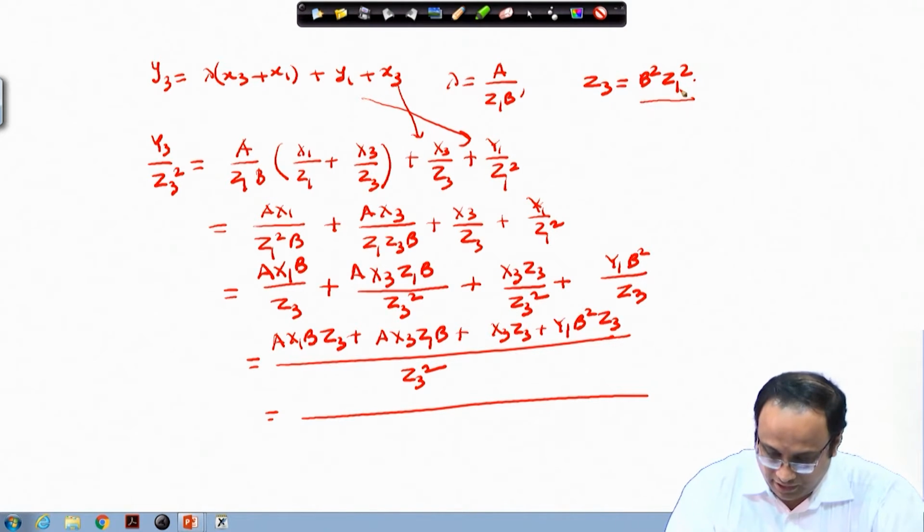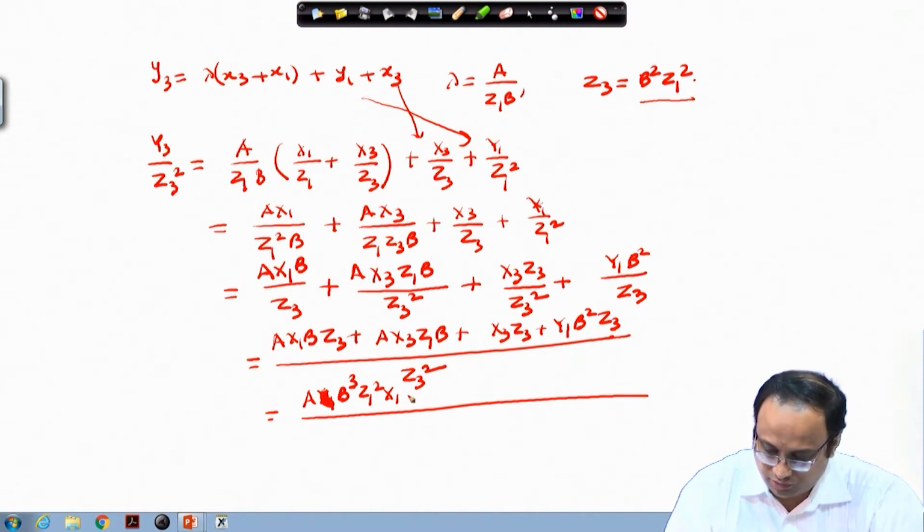So, if I plug that back, then I have got a x1. Okay. And so, if I just plug in back z3 as b square z1, then I can write this part as a b to the power of 3 z1 square x1, okay.